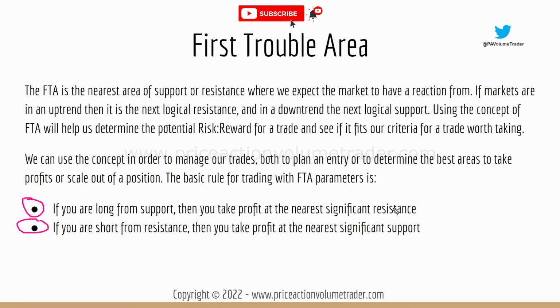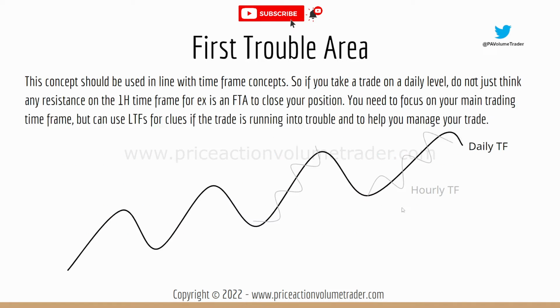And like I said, if we're in a strong uptrend, then we might expect markets to keep going and break the next area of resistance. But like the rule says, you just have to be ready to scale out or take profits and then maybe look for re-entries. In general, this is the most conservative way to use the concept of FTA.